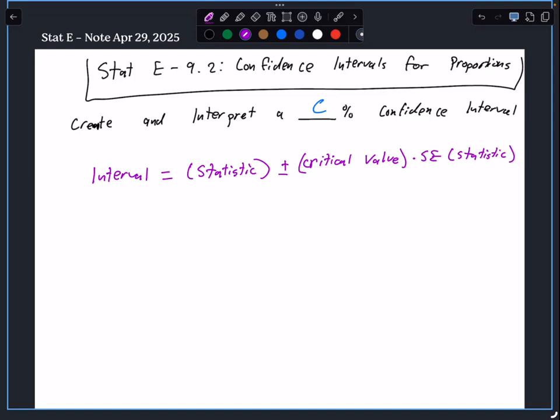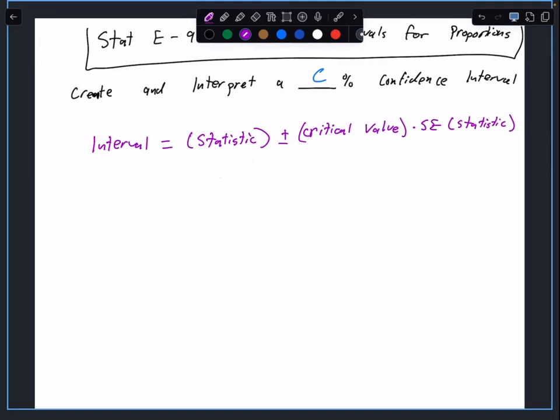Now, because we are working with proportions, our statistic is known as p hat. Okay, so p hat is our statistic.